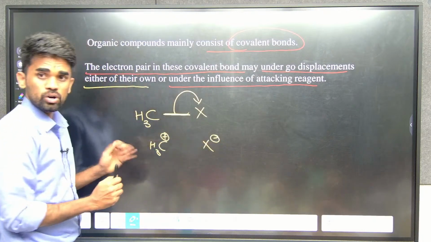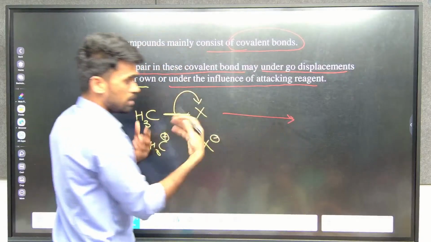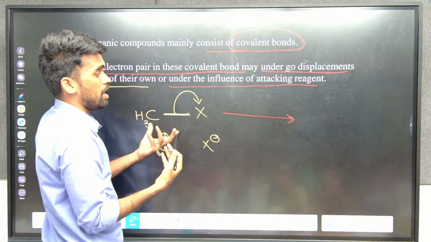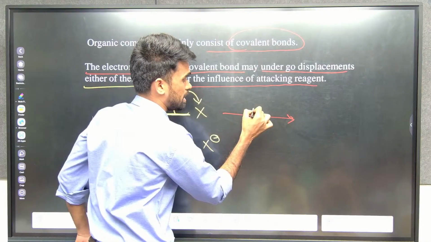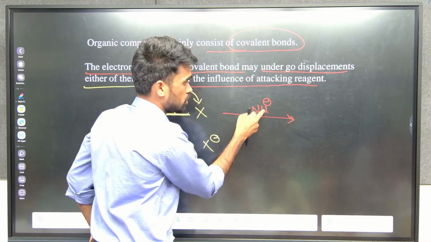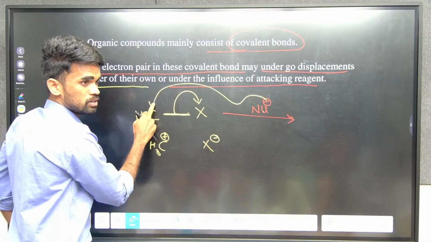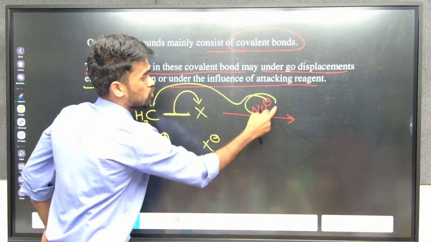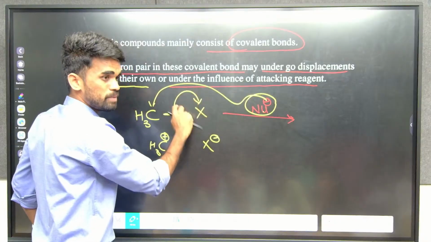Or it can happen in the presence of some external reagent. If there is a strong nucleophile, it will try to attack here, so under the influence of the nucleophile also this displacement may happen.